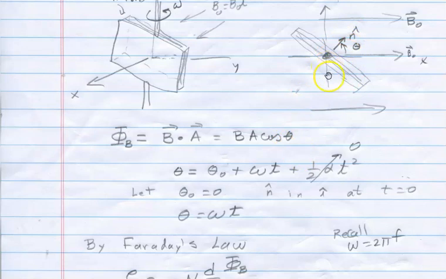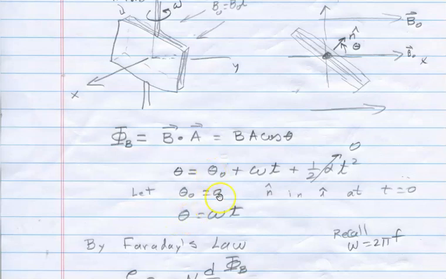Theta is up here. I know it's rotating with constant angular velocity, and if you remember rotational kinematics, for uniform angular acceleration, we have this equation. In our case, alpha, the angular acceleration, is 0, and so in general, theta is equal to theta naught plus omega t. But if I start it so that at time t equal to 0, theta is equal to 0, then that forces this constant term out.